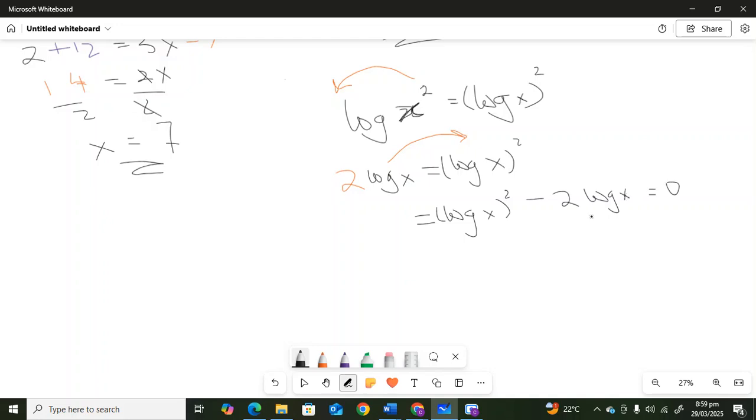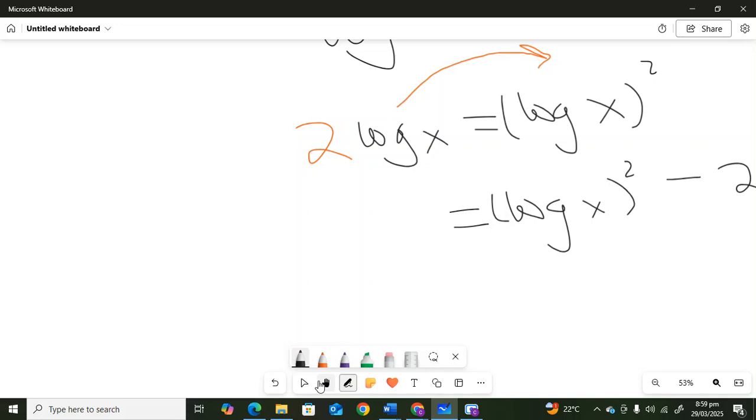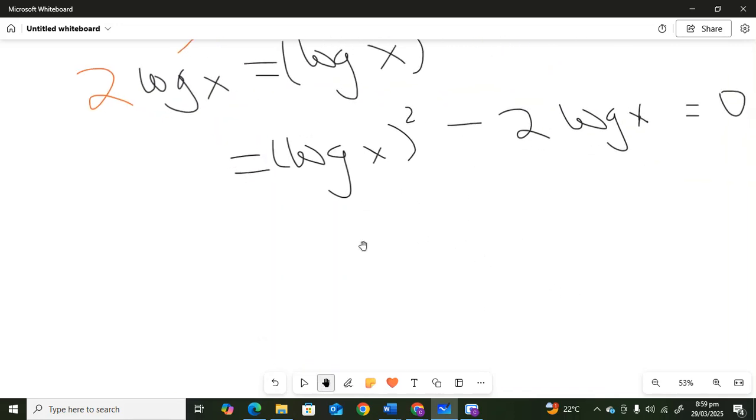Now I'll show you there are 2 ways we can solve this one. I'll show you both methods, then you choose which one you prefer. Here you can factorize this expression, because we've got a common factor, log x. Remove it out of the brackets.